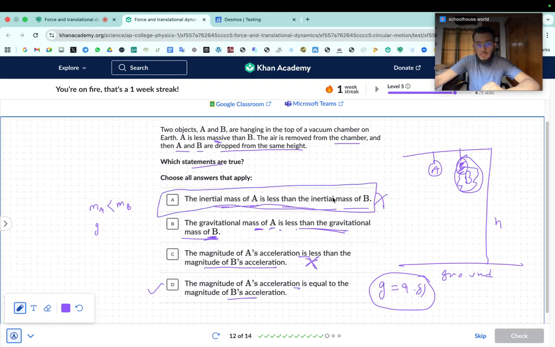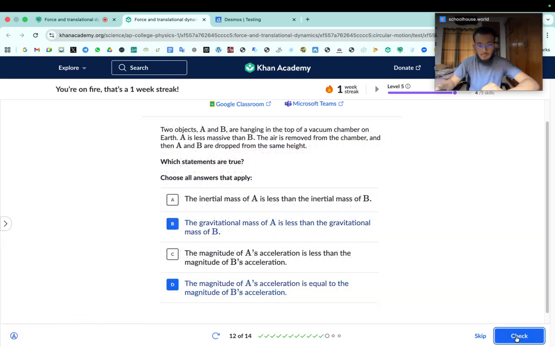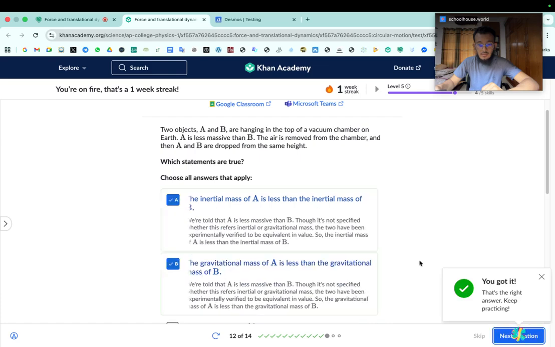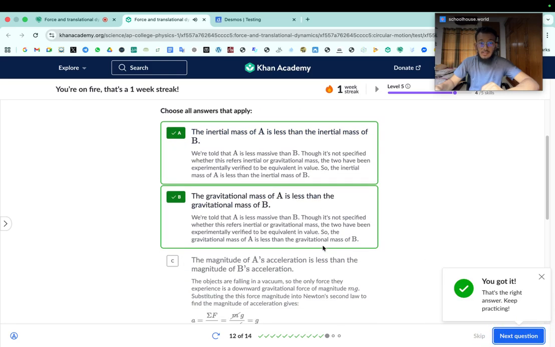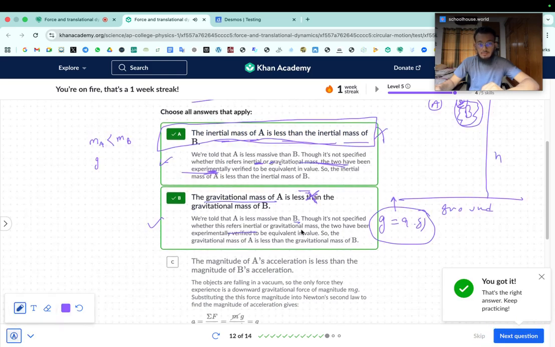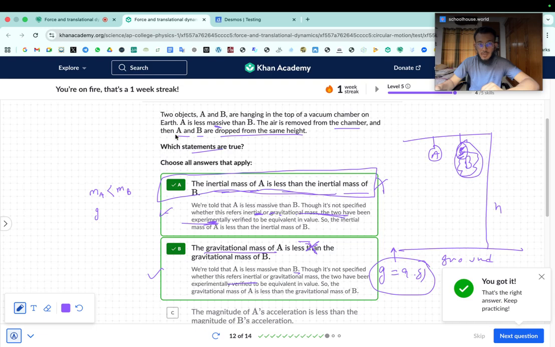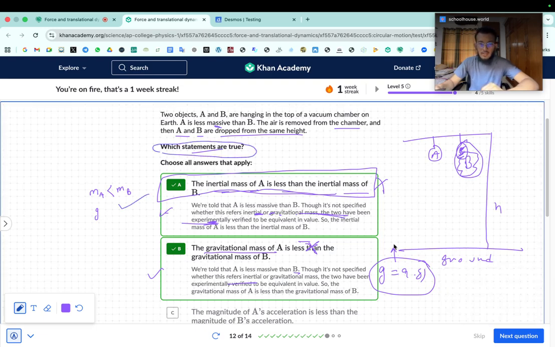This is true generally, but specifically here it's not relevant because it's not making a difference. Only the gravitational force is applying in this case. So I'll go for B and D. Okay, so A is also correct. Yeah, A is correct, but it was not relevant. This is what I thought. Which statements are true? Yeah, this is generally true, but not relevant. That's why I didn't select it, but it's correct though.